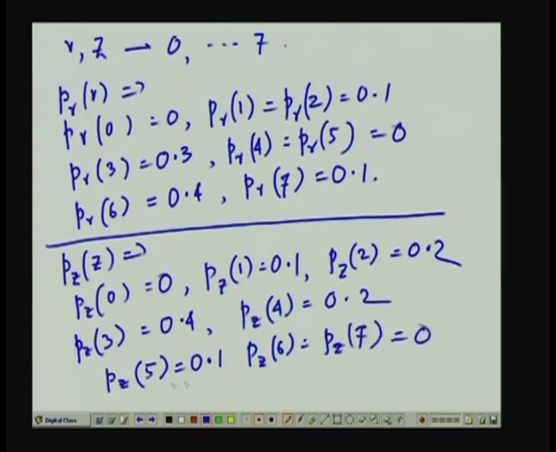So, this is the target histogram that has been specified. Now, our aim is to find out the transformation function or the mapping function from R to Z.